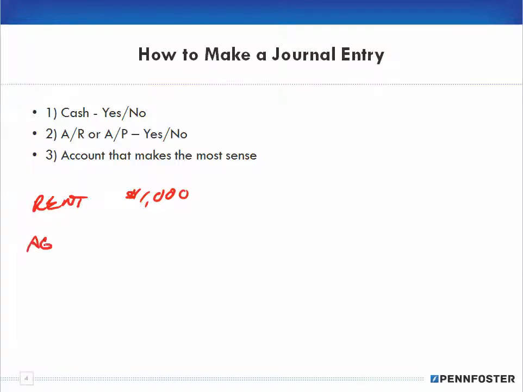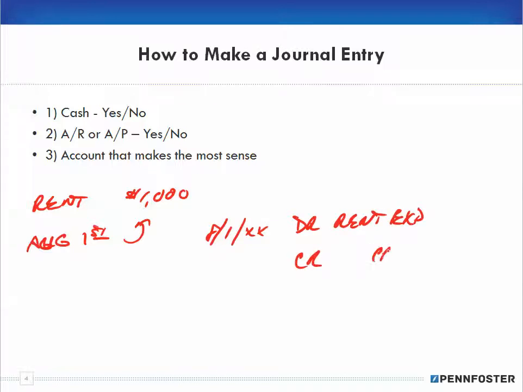It's August 1st, and you want to pay your rent for the month of August, and you're going to pay cash for that rent. The book will have a journal entry with the date, August 1st, whatever year, and it will have a debit to rent expense, and a credit to cash for $1,000. And you'll see that journal entry in the book.